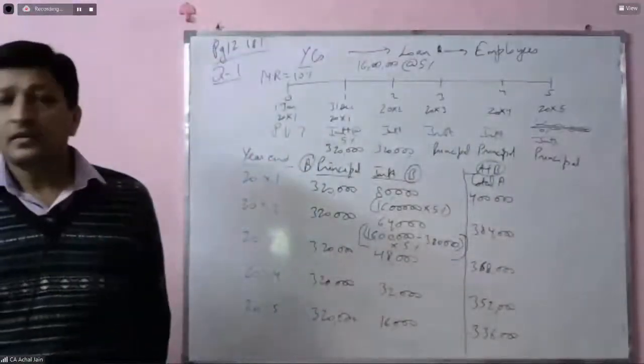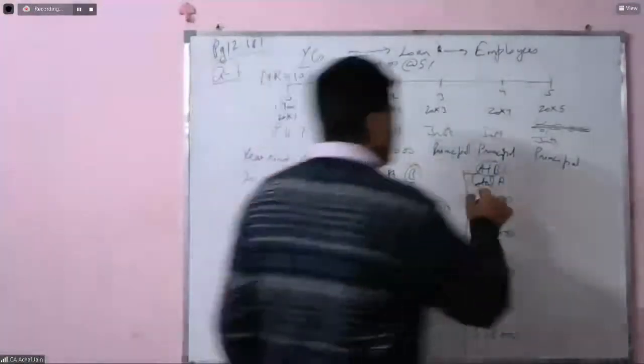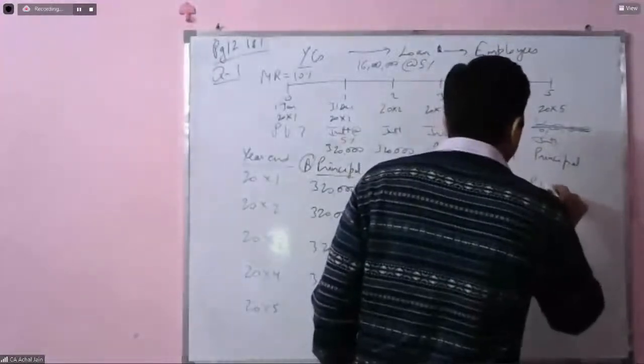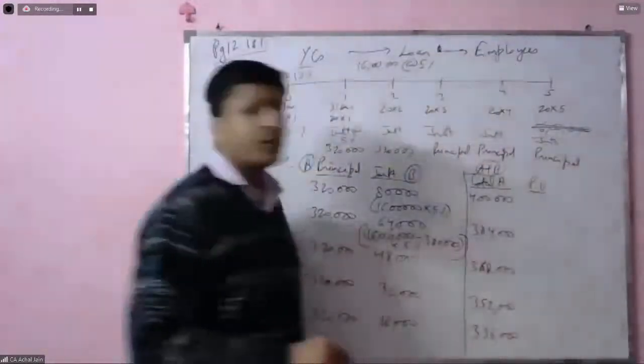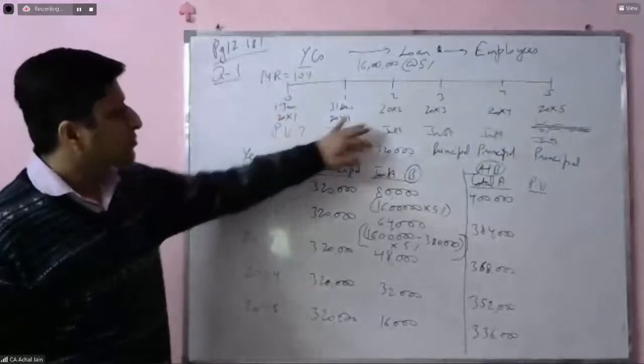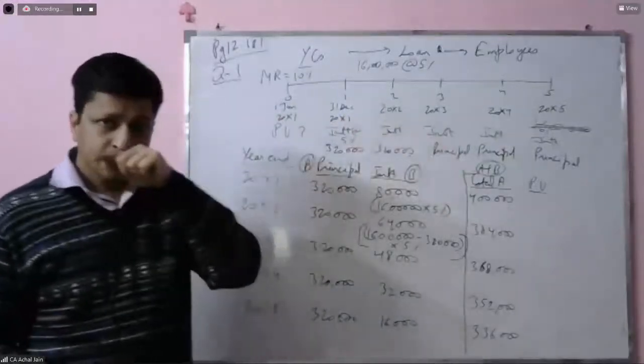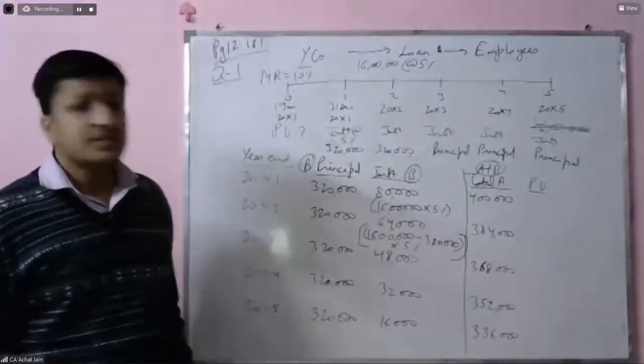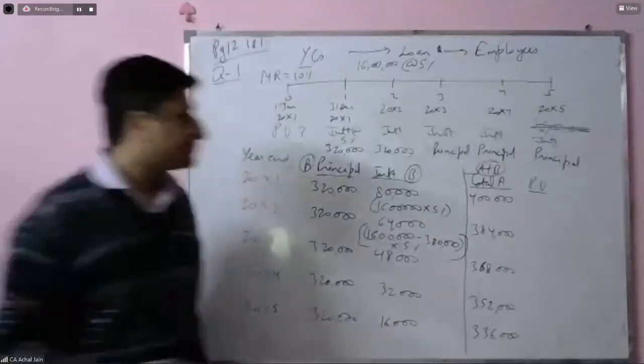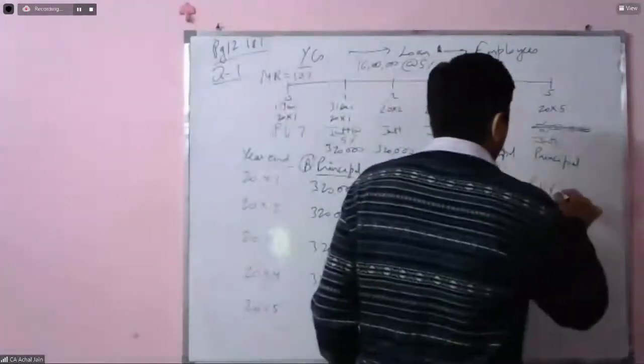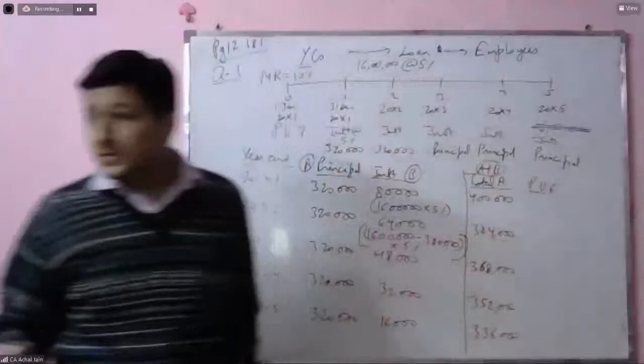And then we will compute the present value. So present value will be computed for both these two. The PV factor is available for us in the question itself. So what's the PV factor?